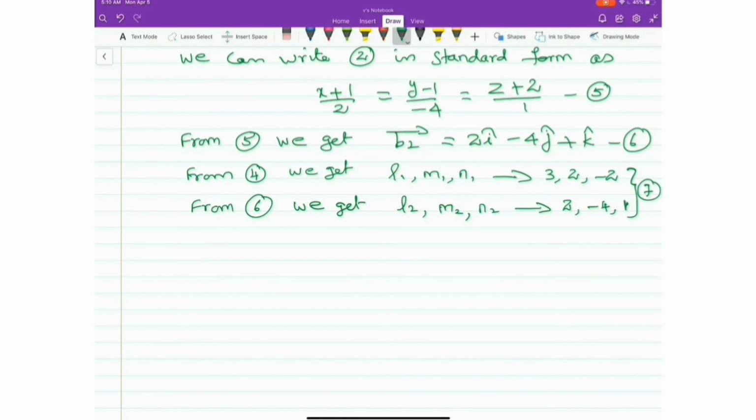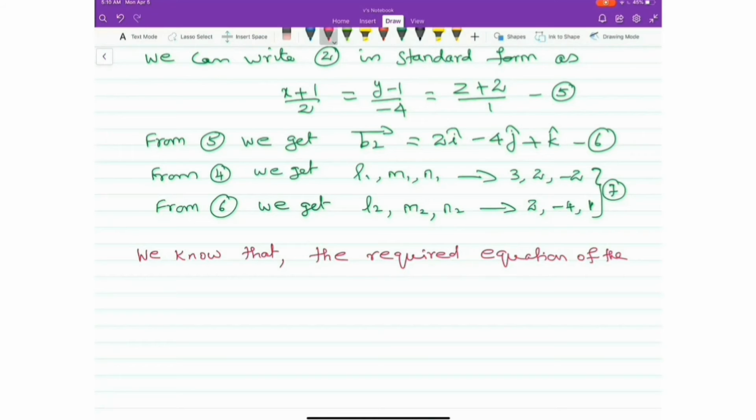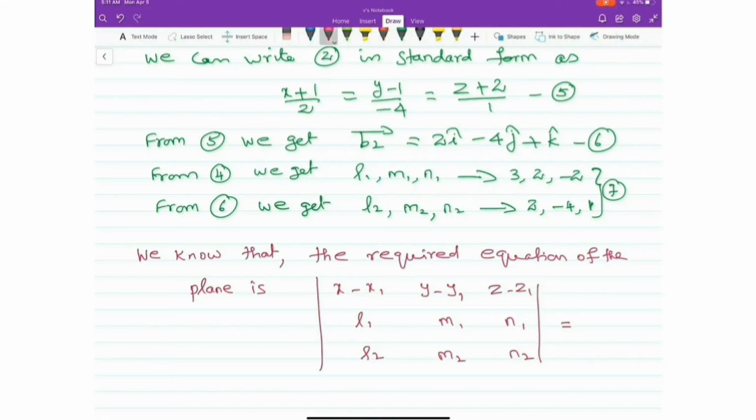We know that the required equation of the plane is determinant x minus x1, y minus y1, z minus z1, L1, M1, N1, L2, M2, N2 should be equal to 0.